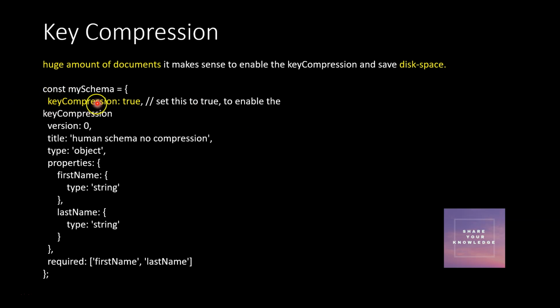Just by setting key compression to true in the root of the schema for creating the collection, RxDB will help you save a lot of data. Based on the adapter you have given, all data will be saved in the browser in a compressed manner, to facilitate saving disk space.